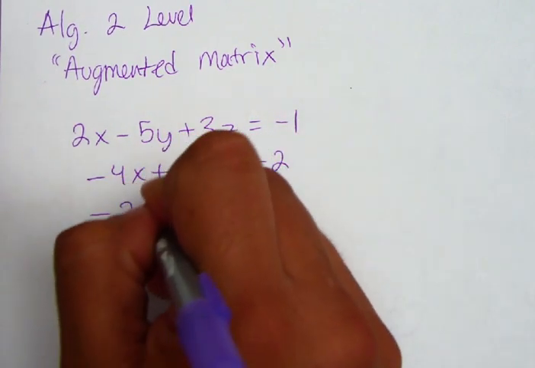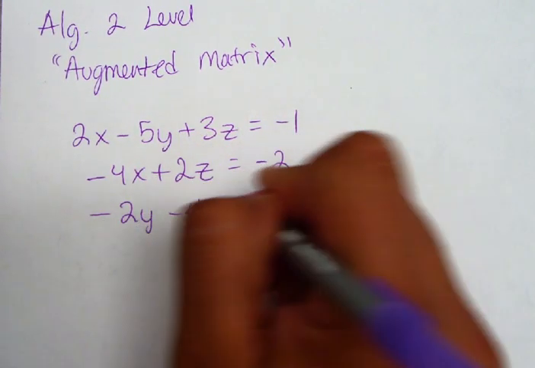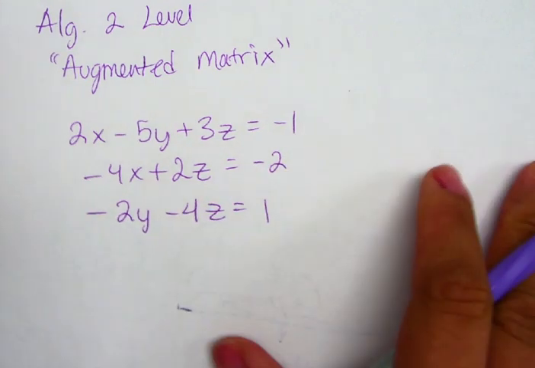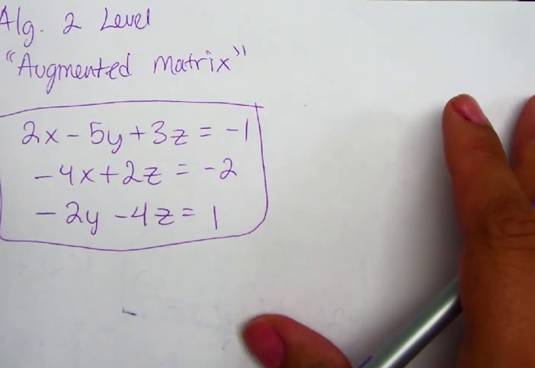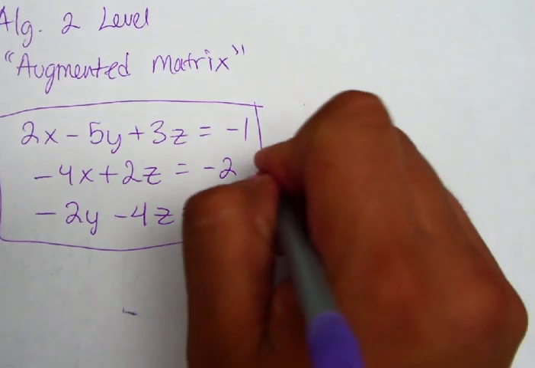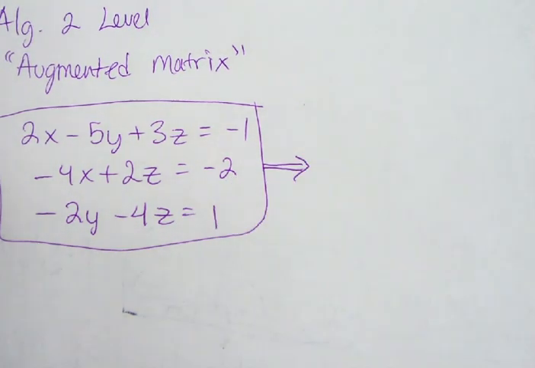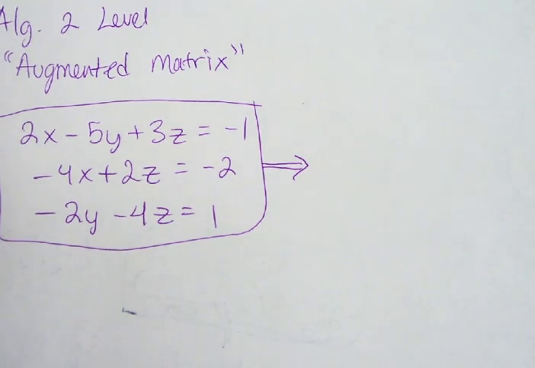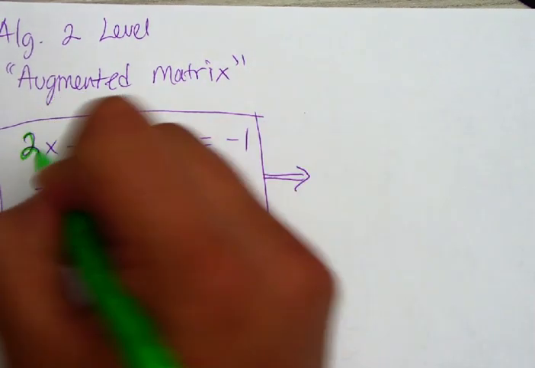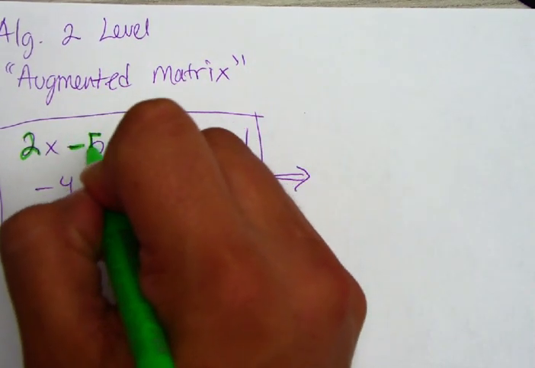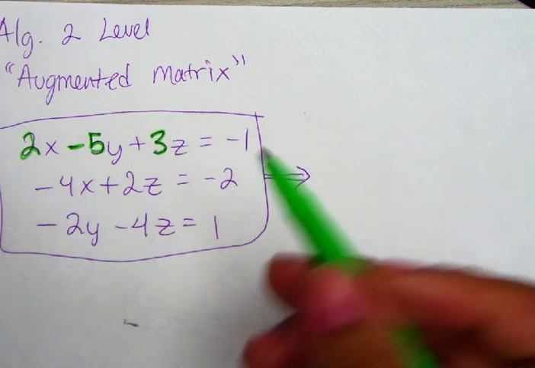And then we have to notice here that when we write the matrix for this system, it has to follow a pattern. So I'm going to color coordinate the coefficients first, that way you understand what coefficients are. Coefficients are the numbers in front of the variable, attached to the variable.